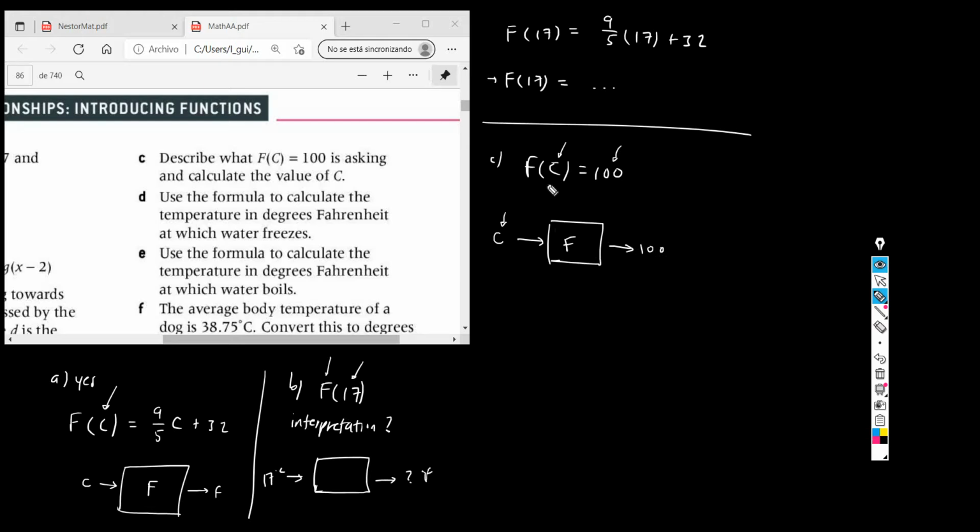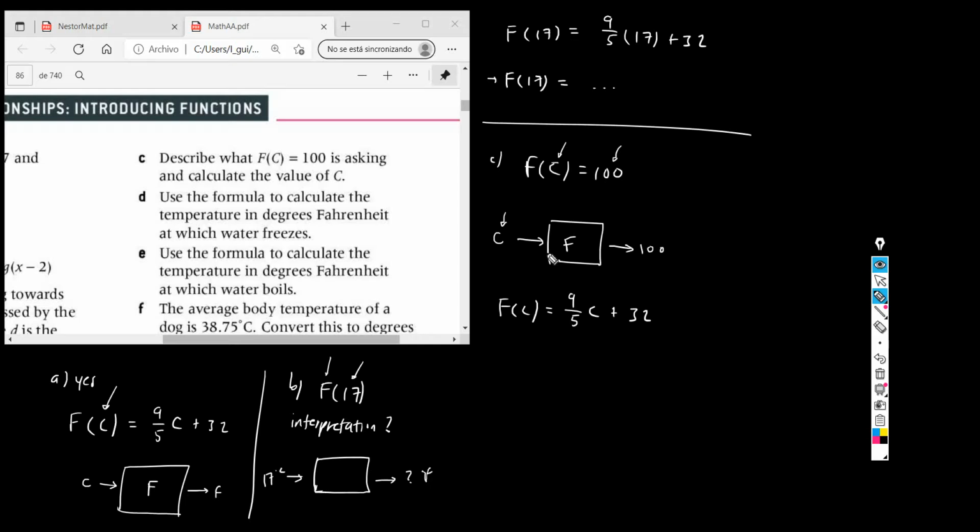Okay, so what do we do? We take the formula, and if you're told that f of c equals 100, then make that substitution in here.